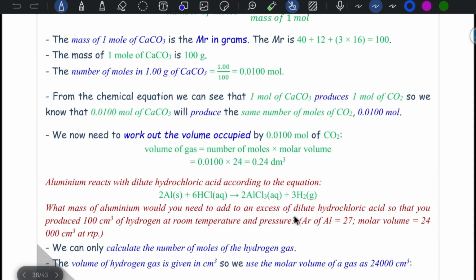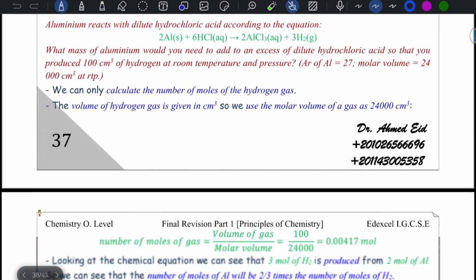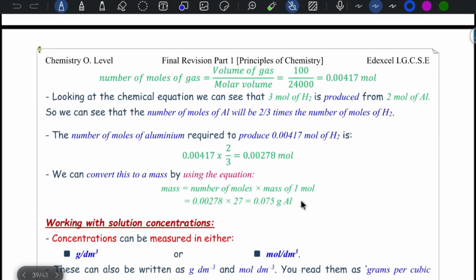So the number of moles of aluminium will be 2 over 3 times the moles of hydrogen. Now you have the moles of aluminium. By multiplying the number of moles of aluminium by the mass of 1 mole of aluminium, you will get the mass of aluminium.